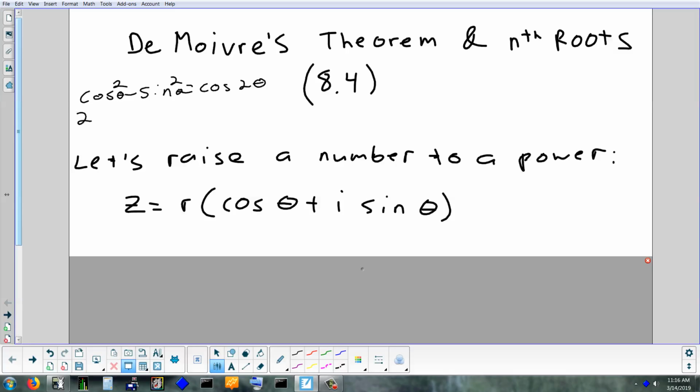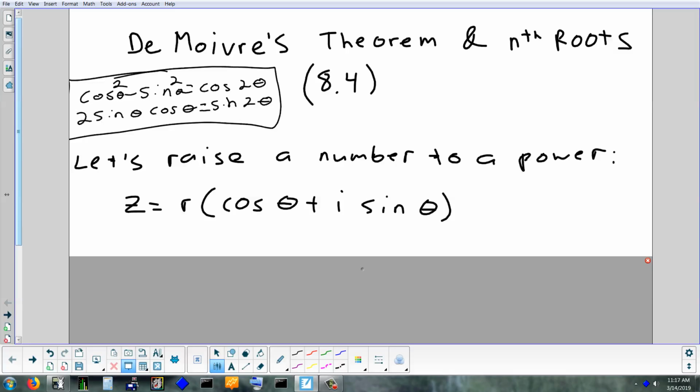That was called a double angle identity. The other one that came up was 2 sine theta cosine theta, and that simplifies to sine 2 theta. That's from section 7.5, and those are called double angle identities. We had double angle identities, we had Pythagorean identities, we had a whole bunch. But just these two we need to know right now.